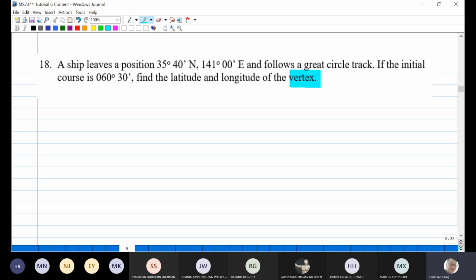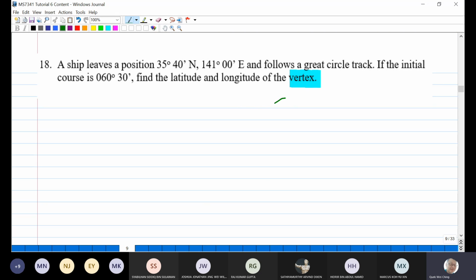Let's see how it looks like. I'm going to draw the Earth first, and see a picture first.